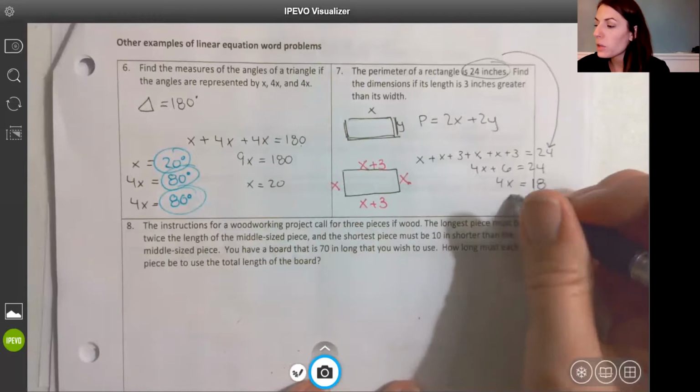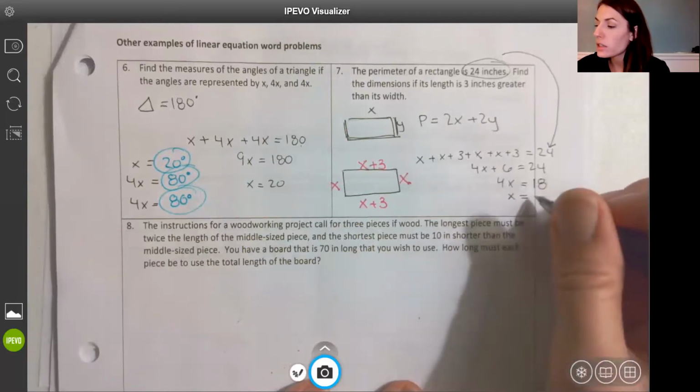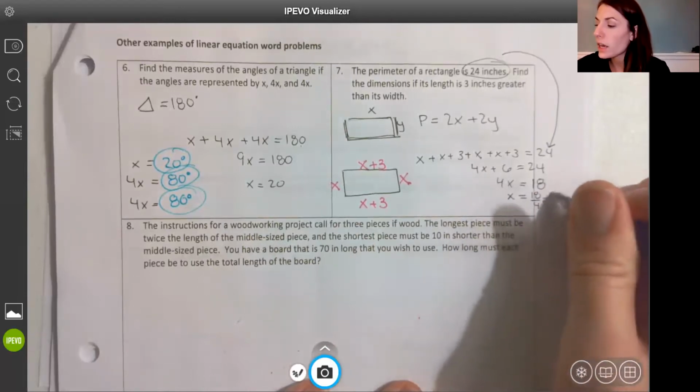And then divide by 4, and x equals 18 fourths, or 9 halves.